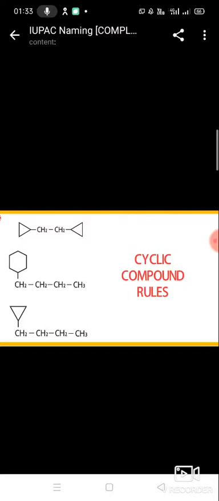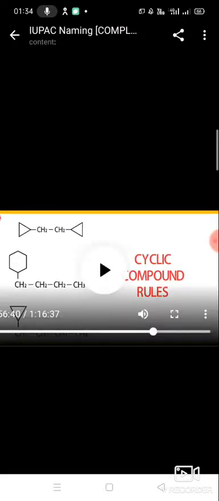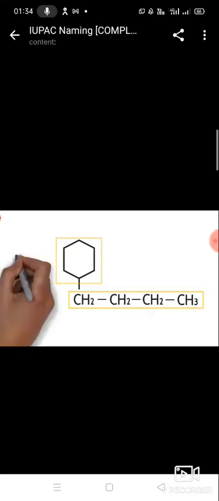This is a cyclic compound. Here what is present? Cyclopropane is there, cyclohexane is there, but that only comes as a side chain. Four carbon atoms are present in the chain attached to this cyclic compound.